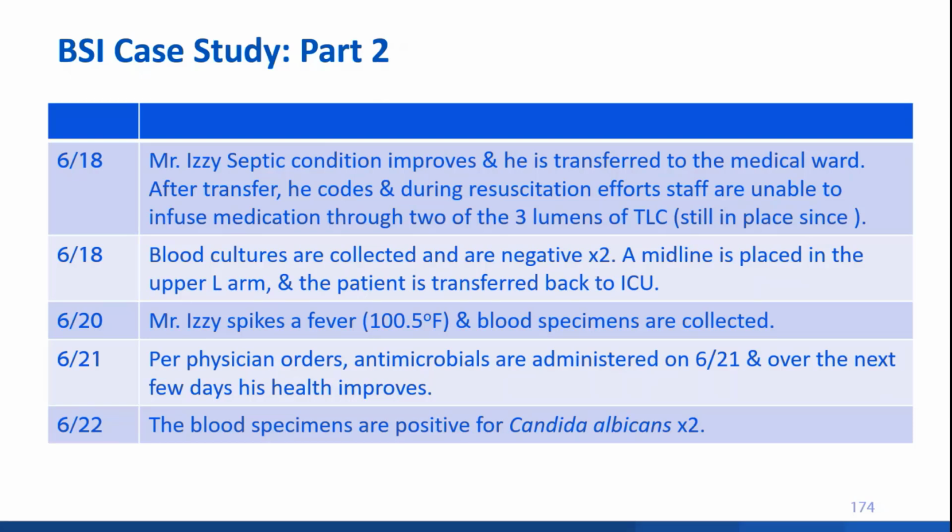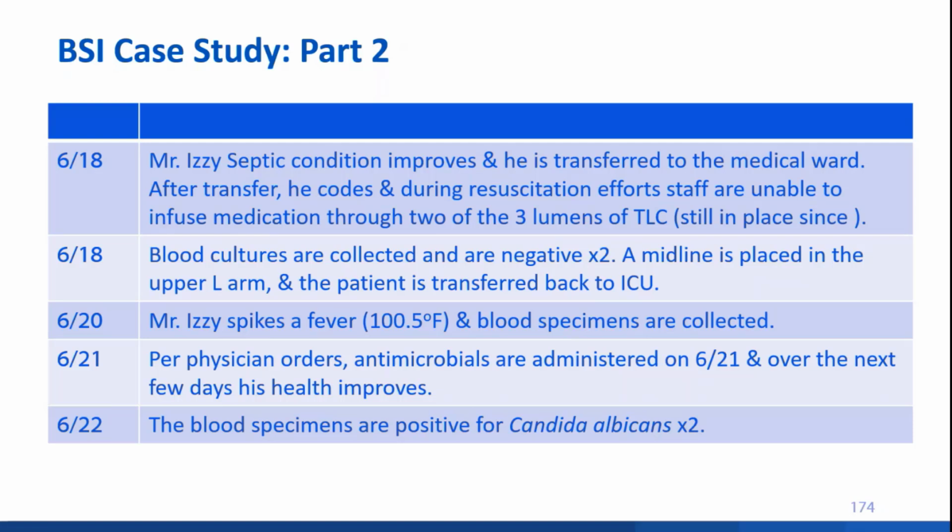On 6/18, blood cultures are collected and are negative ×2. They do place a midline in the upper left arm, and the patient is transferred back to the ICU. On 6/20, he spikes a fever of 100.5 degrees Fahrenheit, and they collect blood specimens at that time.